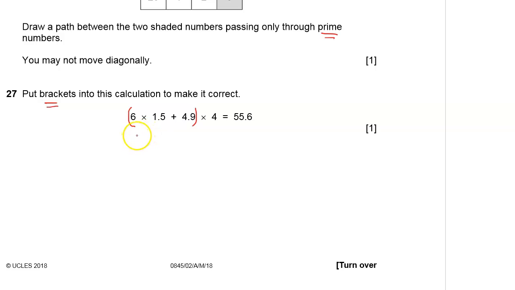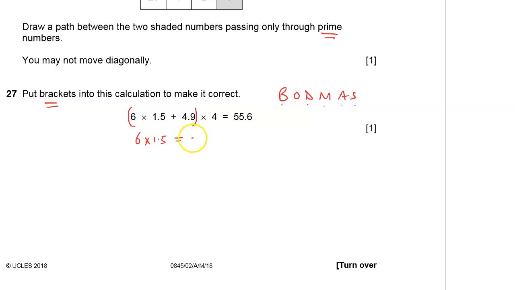Basically what this means is 6 times 1.5. BODMAS. Remember BODMAS: brackets, of, division, multiplication, addition, and subtraction. So multiplication comes first.